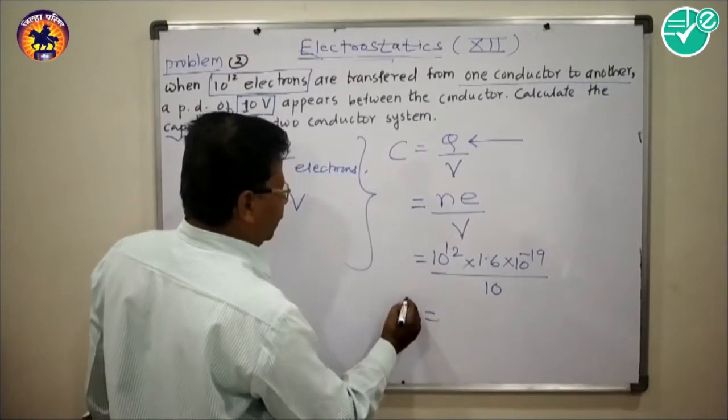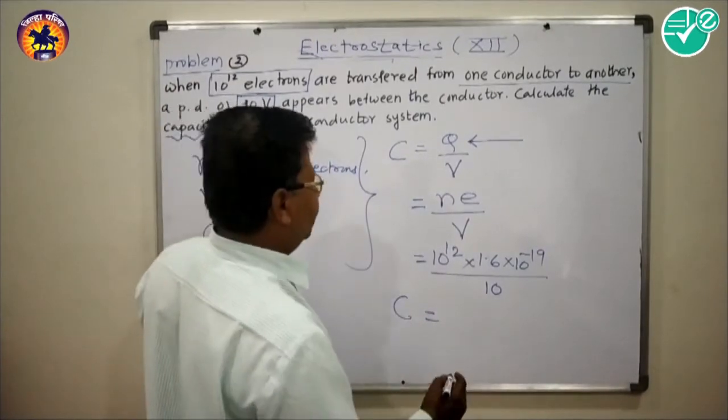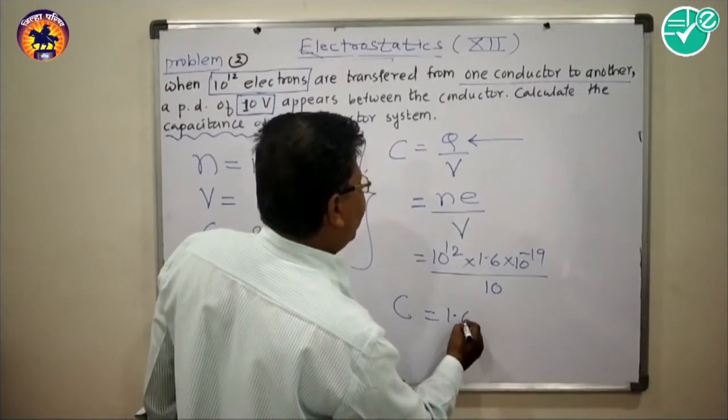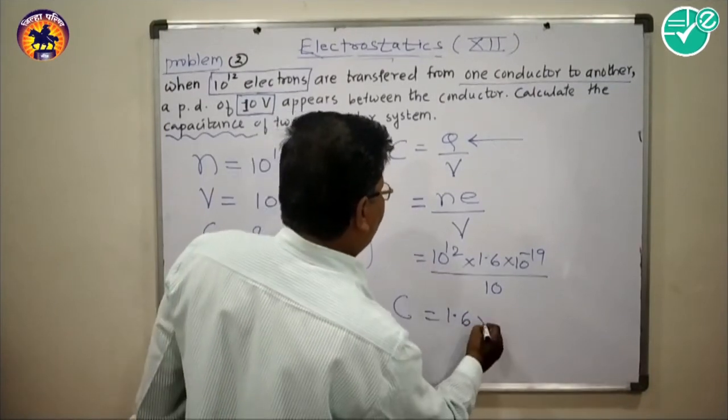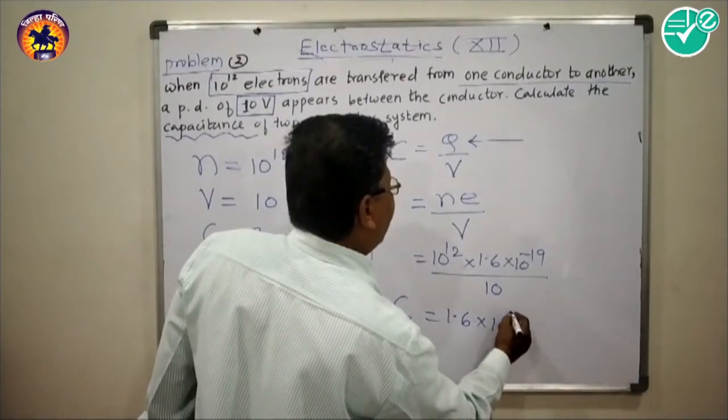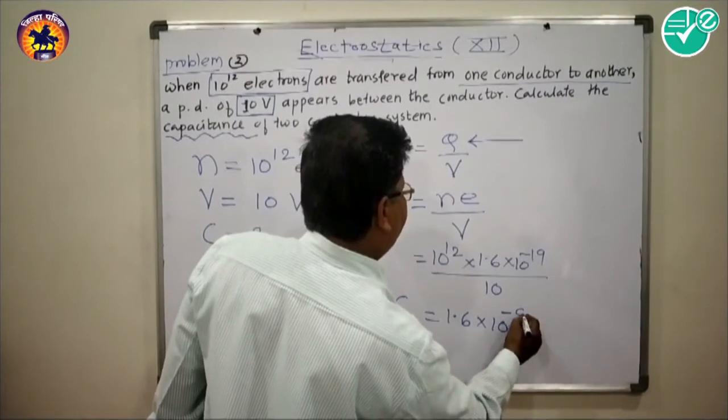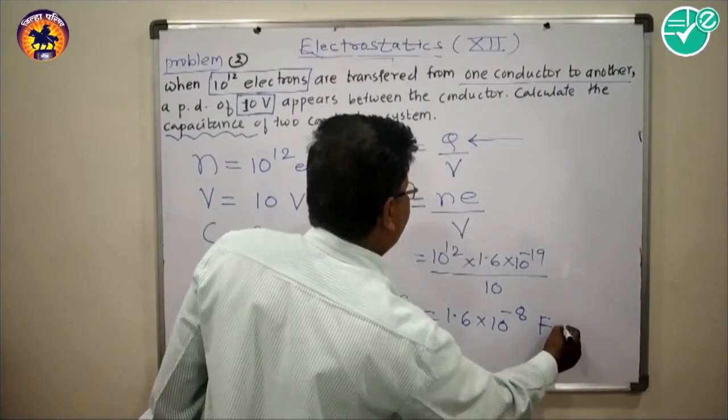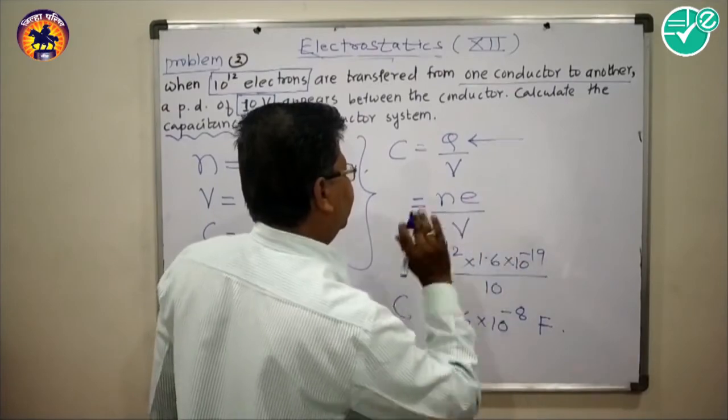And therefore, the capacitance of the system is 1.6 into 10 to the power minus 8, again the unit is farad.